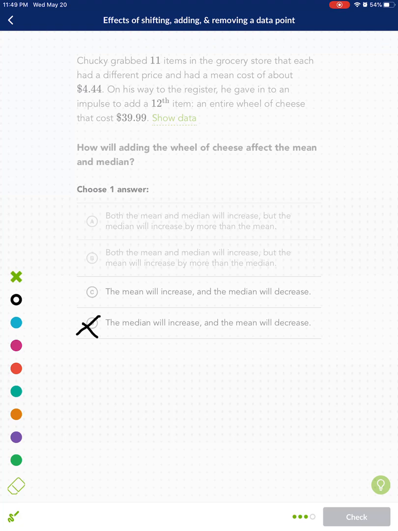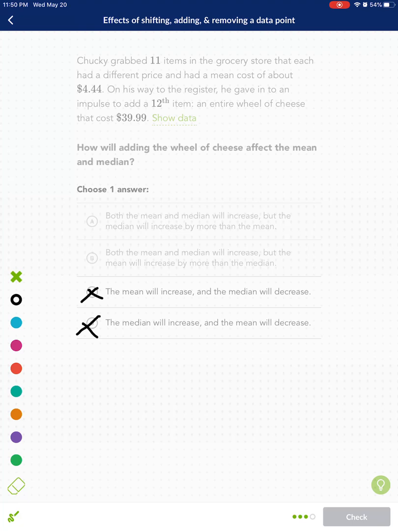Let's see. A says both the mean and median will increase, but the median will increase by more than the mean. B says both the mean and median will increase, but the mean will increase by more than the median. C says the mean will increase, and the median will decrease. Well, the median is not going to go down, so it's either A or B. And just because it is such a high jump in price, that is going to be a situation where the mean is going to be affected greatly.